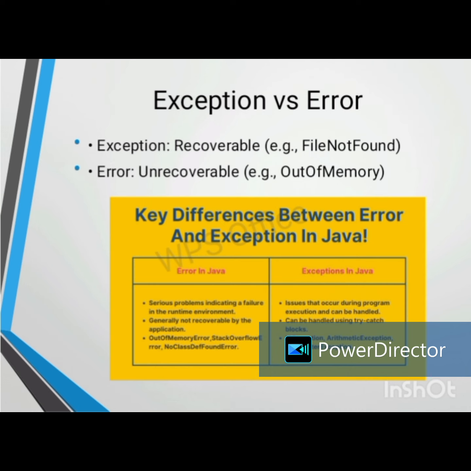Second one, unchecked exceptions. Those are checked at runtime and include classes like NullPointerException, ArithmeticException, and ArrayIndexOutOfBoundsException. The compiler does not force you to catch them, but you still should if you expect they might occur.